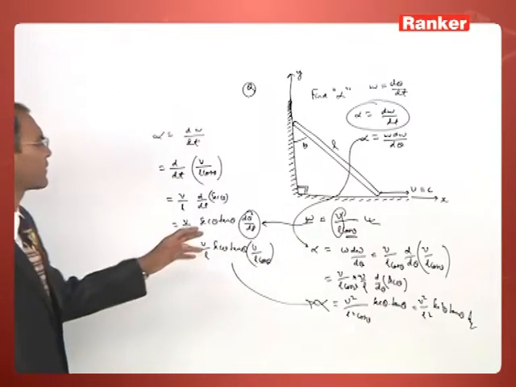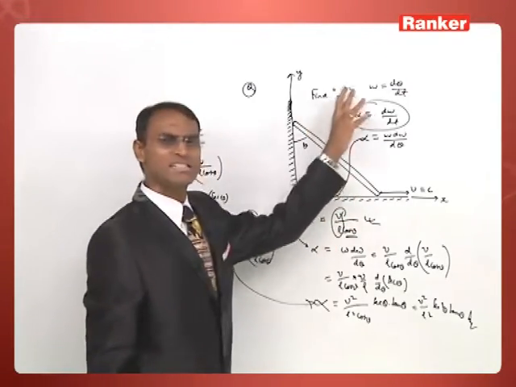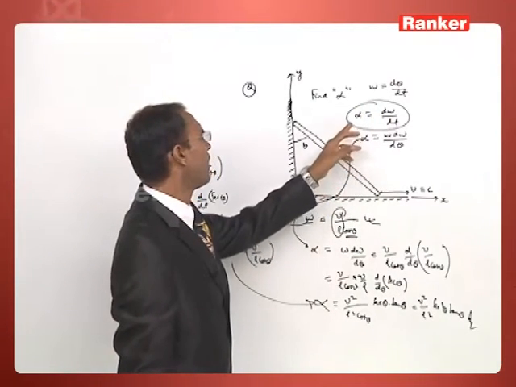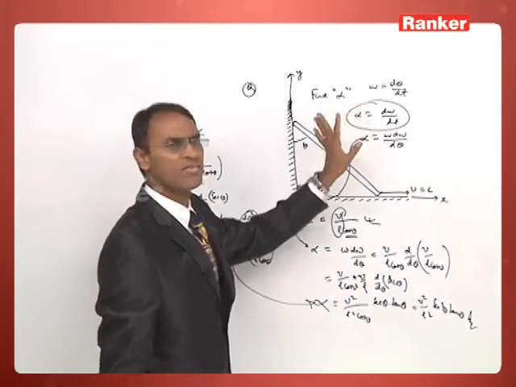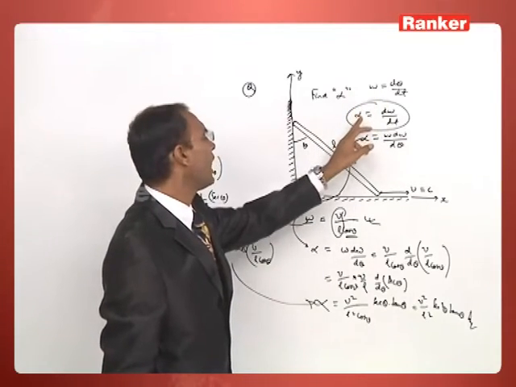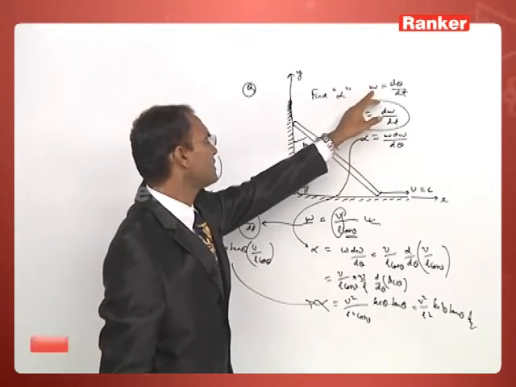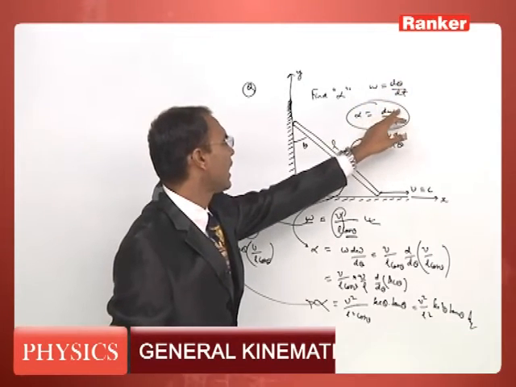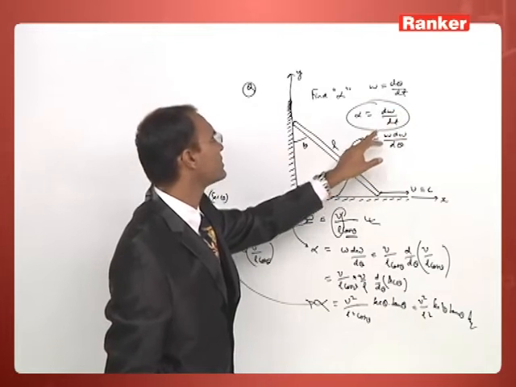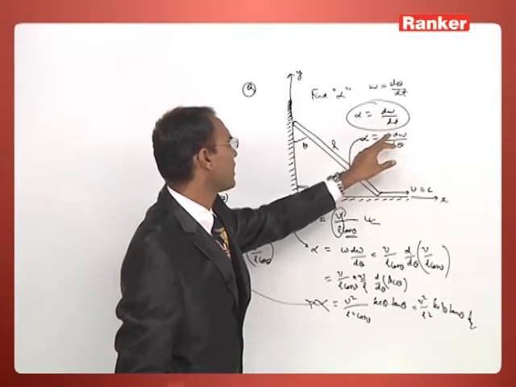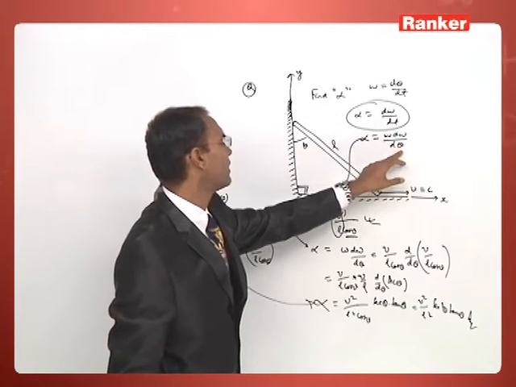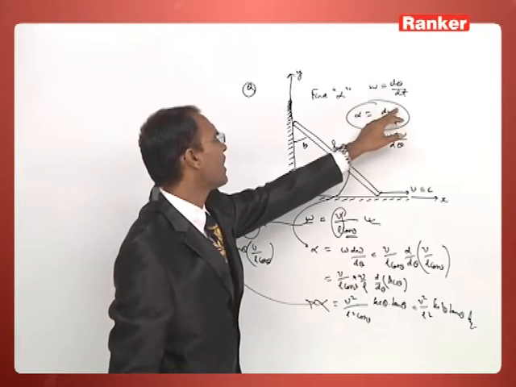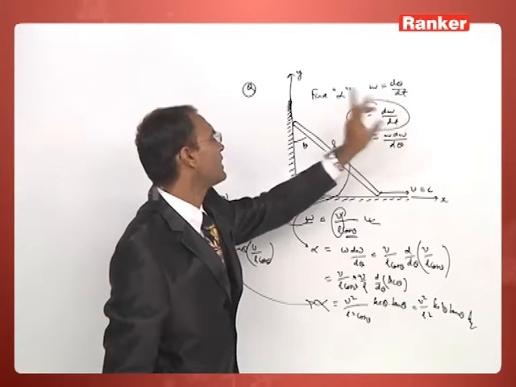So in this way, you can use all these general kinematical formulae of omega and alpha, angular velocity and angular acceleration. Angular velocity as a function of theta, angular acceleration as a function of angular velocity and angle, angular acceleration in terms of angular velocity and time.